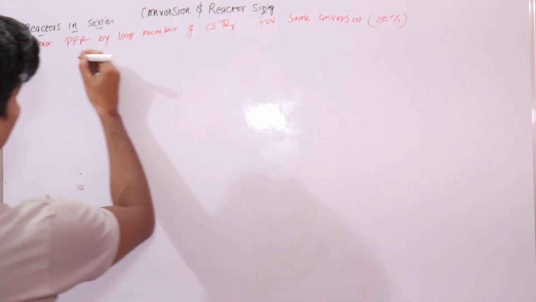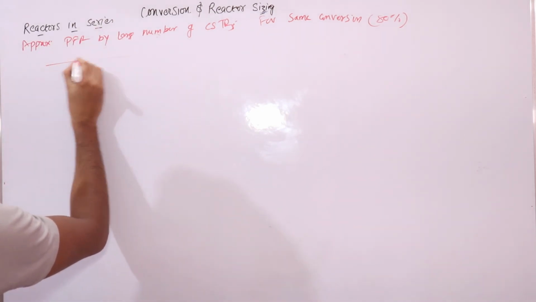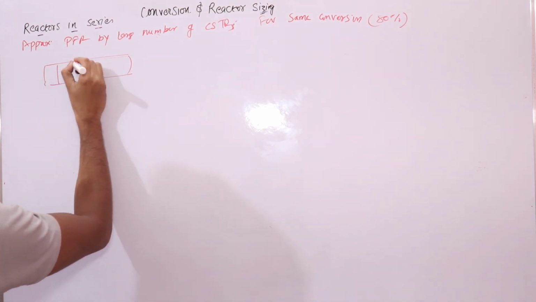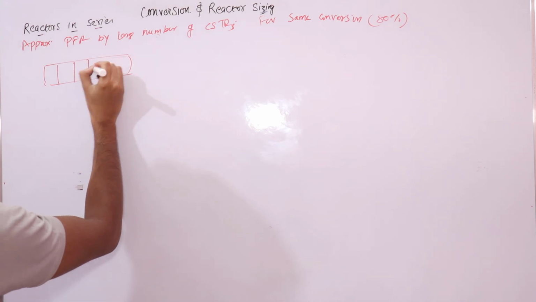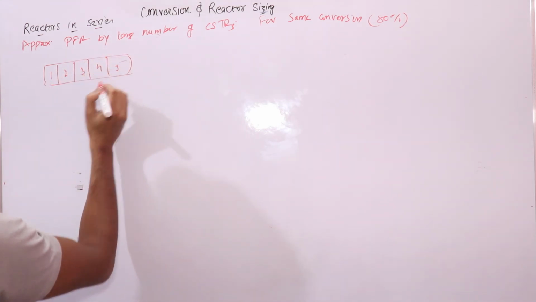So either I do like this, 1, 2, 3, 4, 5.